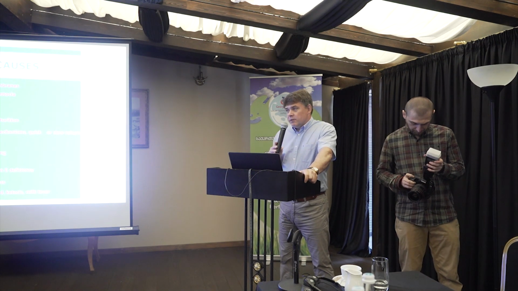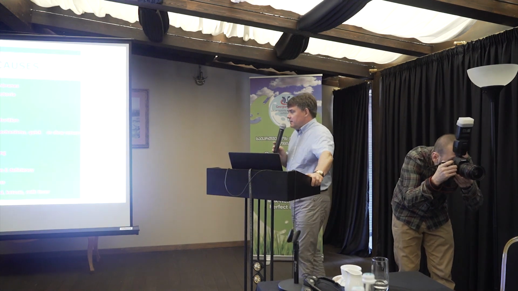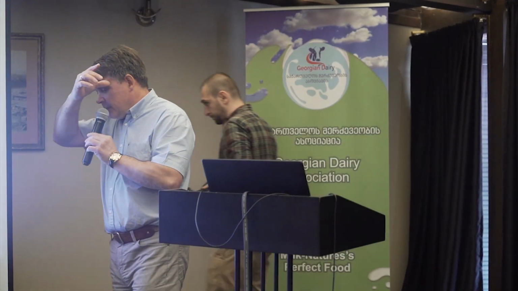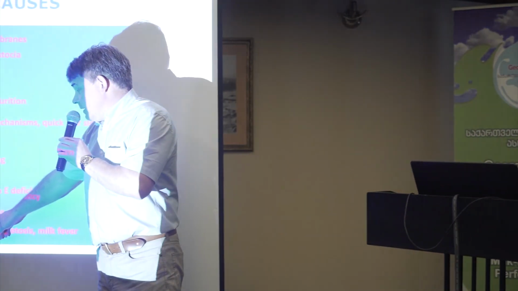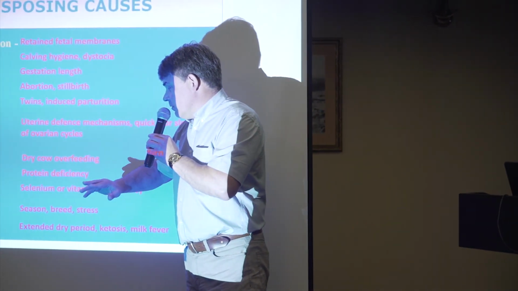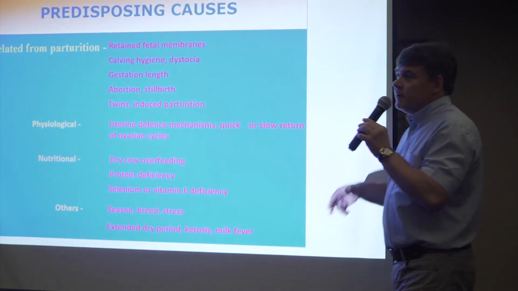Breed, of course, Holstein is absolutely the most vulnerable. The stress factor is very important. And now again the question of how an extended dry period may influence this. If the cow is sitting too long dry, there is always a risk that she will be overfed.